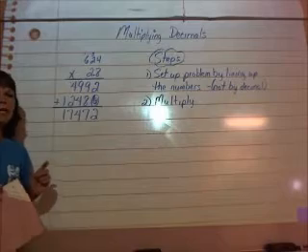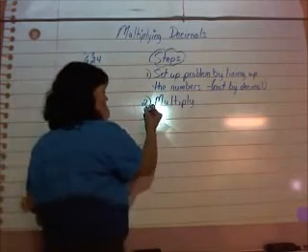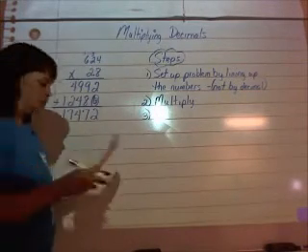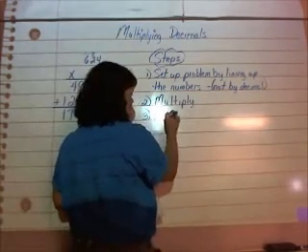Now for your decimal. So that's your third step. This one's a long one.